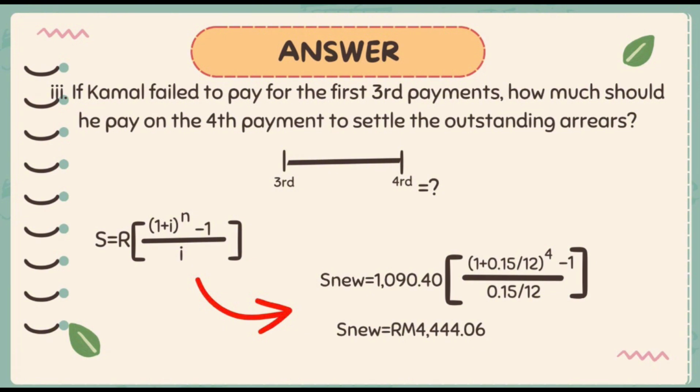For the formula, we use the same formula as question number 1 and replace R with 1,090 ringgit and 40 cents in bracket (1 plus 0.15 over 12) to the power of 4, since we need to find the fourth payment, minus 1 over 0.15 over 12 close bracket. So the final answer is 4,444 ringgit and 6 cents. Do you guys get it?